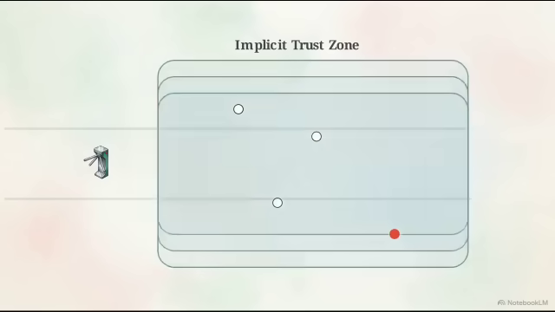A single passenger security checkpoint acts as a bottleneck. Once a passenger clears it, they are implicitly trusted, freely moving across the terminal. If a bad actor bypasses this gateway, they access multiple gates completely unchecked.